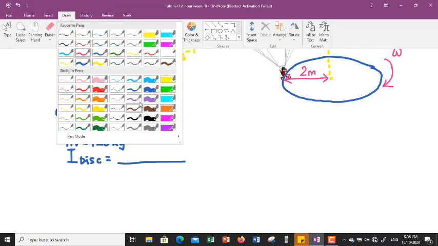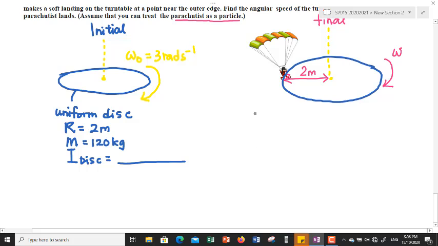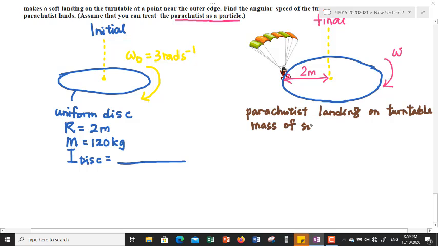We know that when the parachutist lands on the turntable, the mass of the system for sure will be increased.